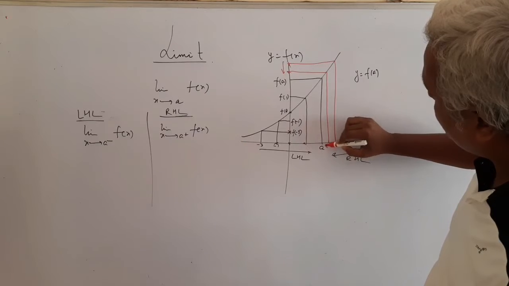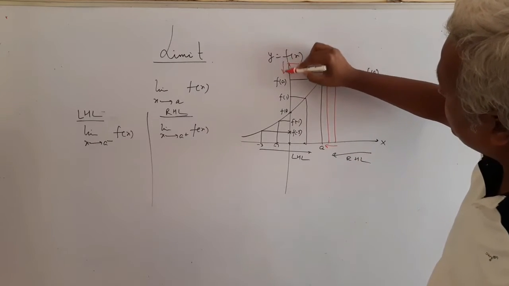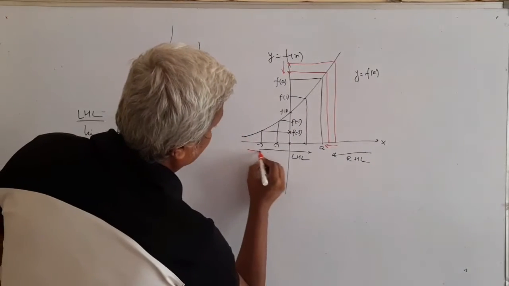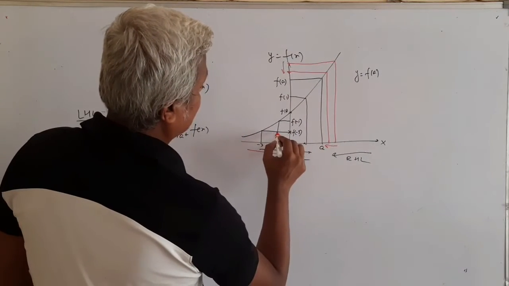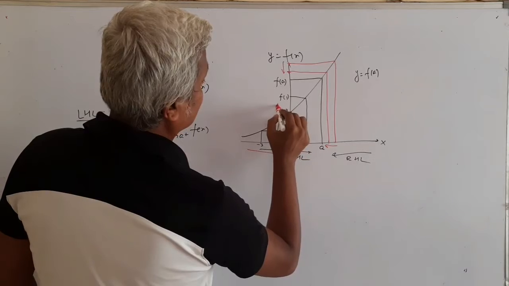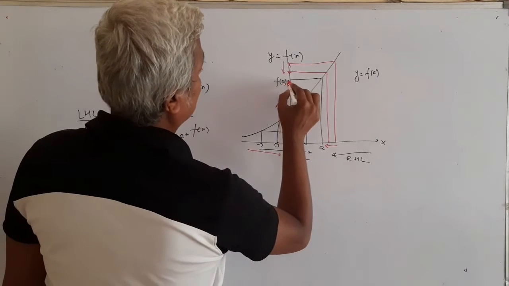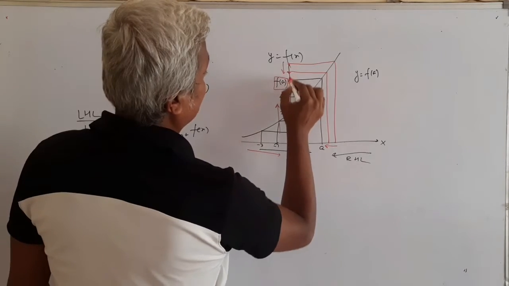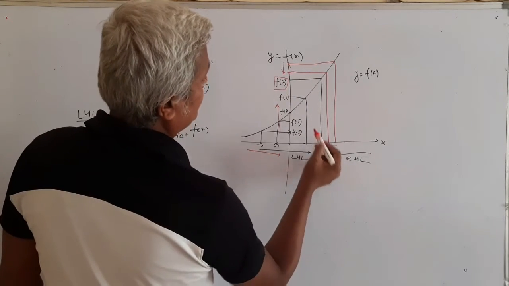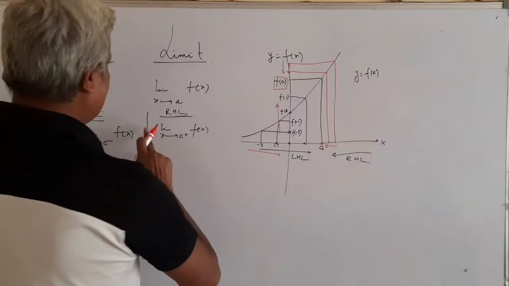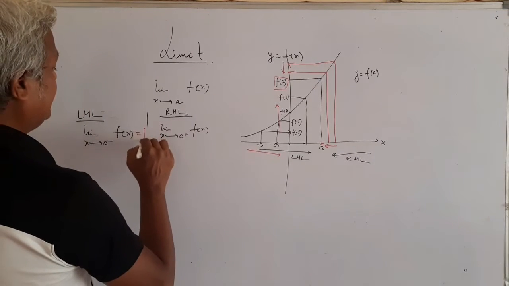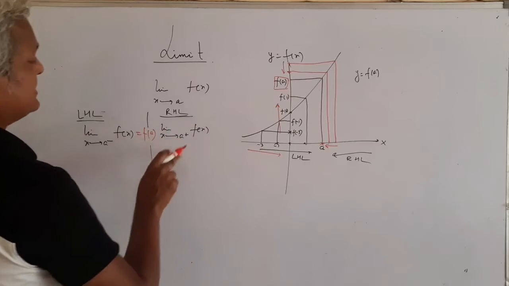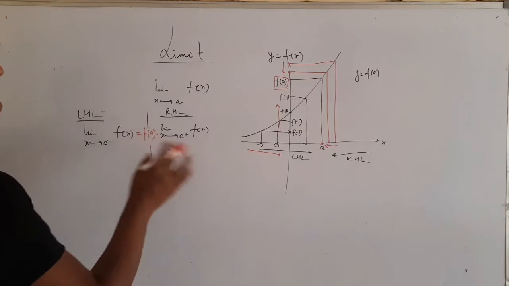When I'm moving from here to here, the y value is getting down, and both seem to be meeting at this point. So we can say that if in both cases the value of the function is f(a) and both are the same, then we say that the limit exists.